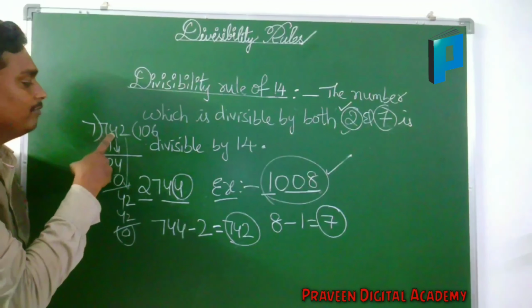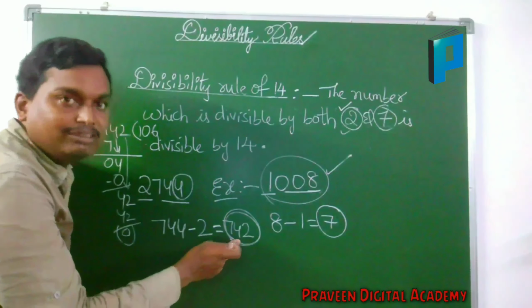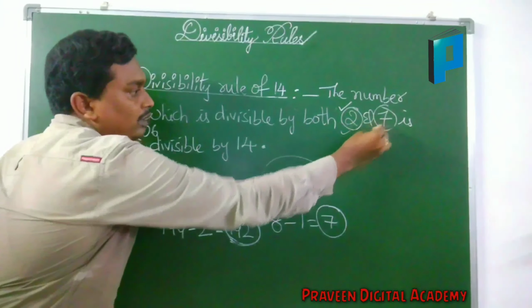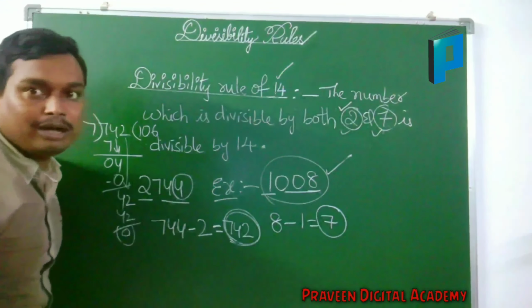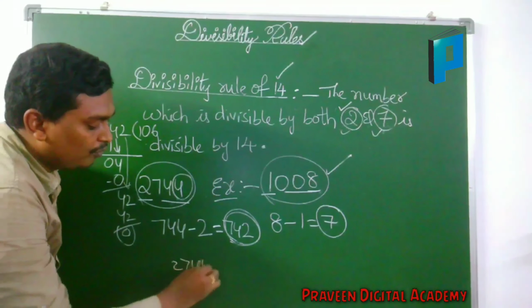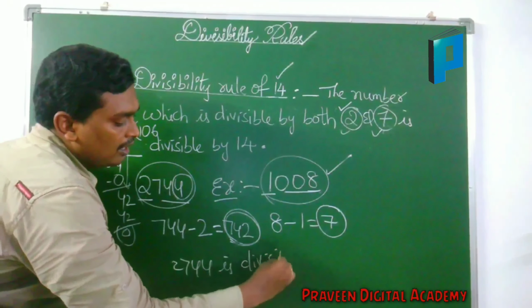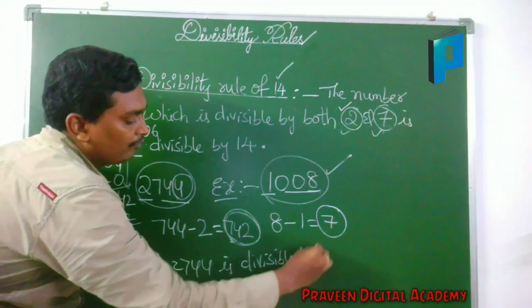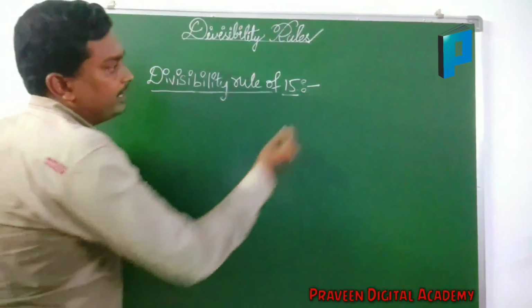So this 742 is divisible by 7. So if the number is divisible by both 2 and 7, then the number is divisible by 14. So you can say that this 2744 is divisible by 14.